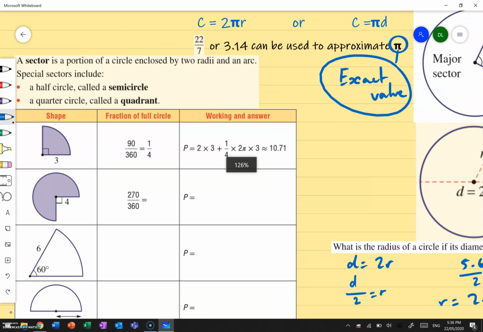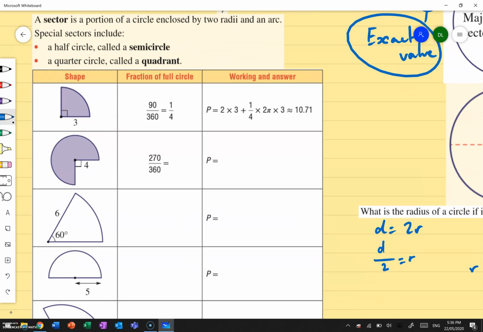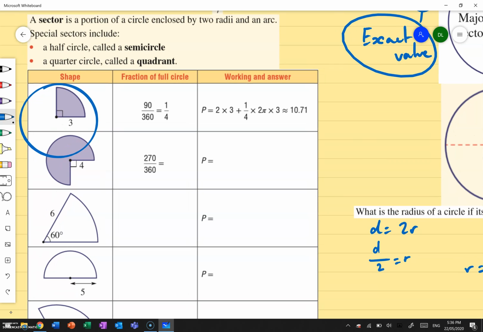Let's look over here. We're trying to find the perimeter. Perimeter is what we've been talking about for this and the last exercise. If I look at this shape, it's a quarter of a whole circle. I can't draw perfect circles. Obviously, my drawing's not the best, but I'm going to fix it up so you can see. It's a quarter of the circle, assuming that's the center.